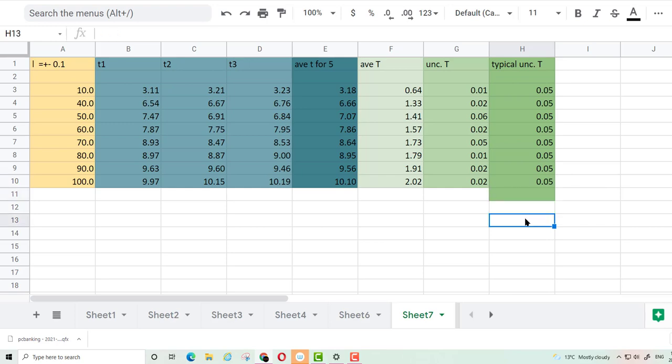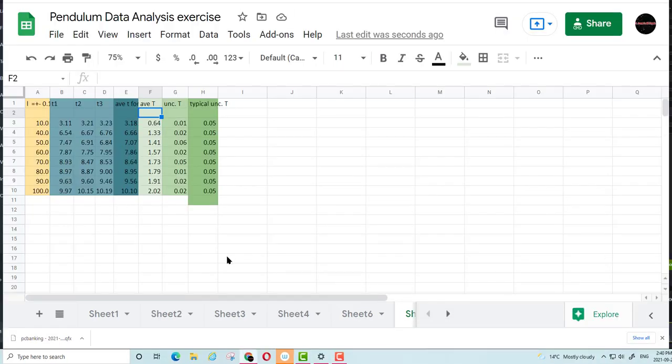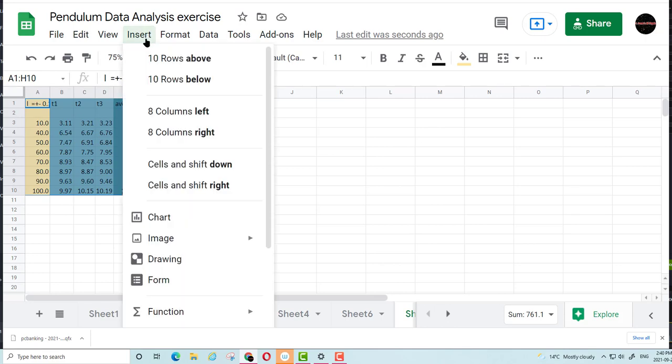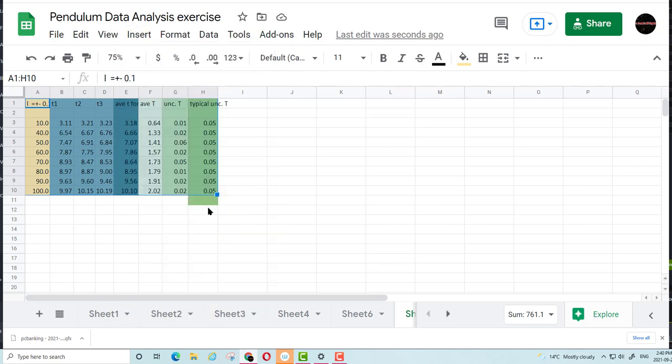So I'm now ready to make a graph. So I've made my columns a little bit narrower. I've changed the view to 75% just so we have more room to put a graph in. So to start off the graph, just highlight all of your data. Once you've done that, go up here to Insert, Insert Chart.